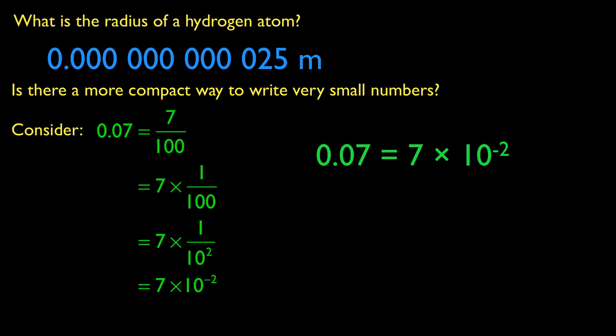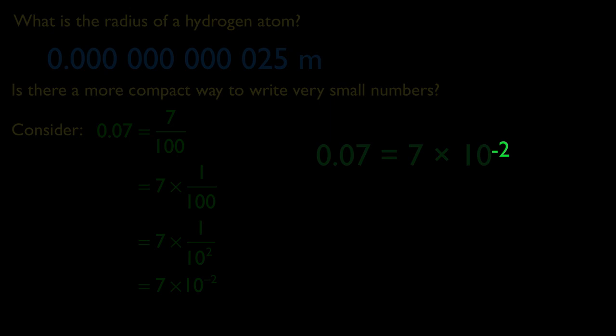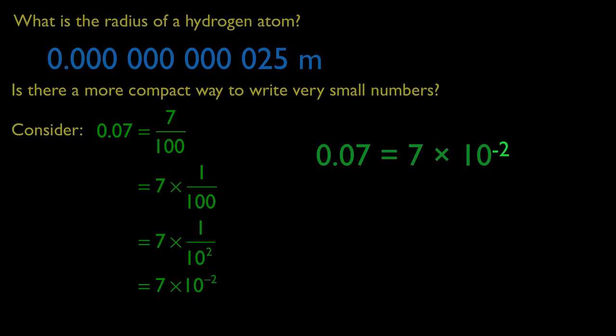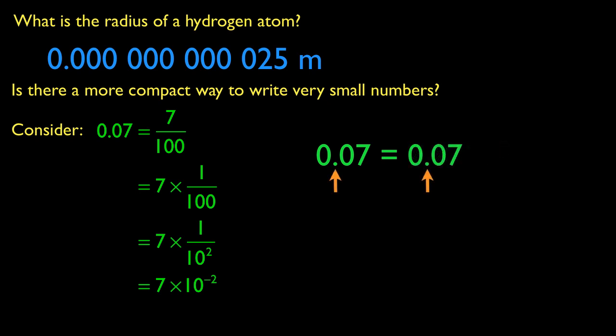It's starting to look a lot like what we were doing with large numbers. The only difference being that our exponent, when we're dealing with small numbers, is a negative. What I want to do is look at that decimal place sliding technique that we developed with the large numbers and use it again for the small numbers. So let's relook at this number, 0.07.